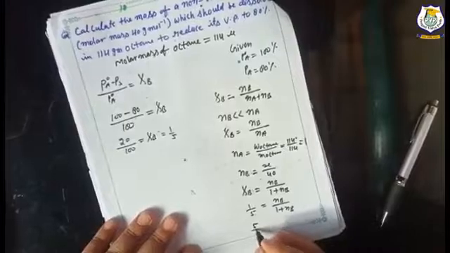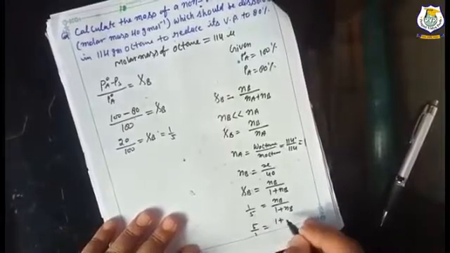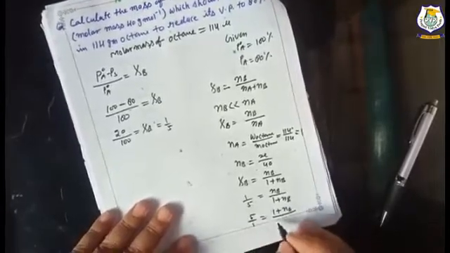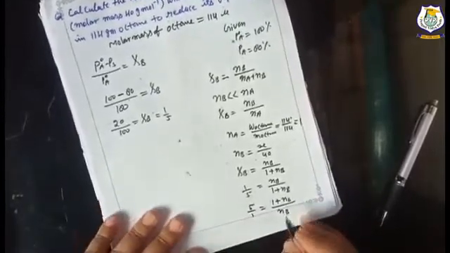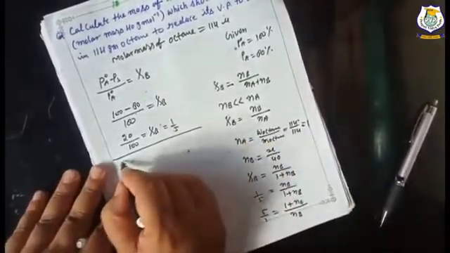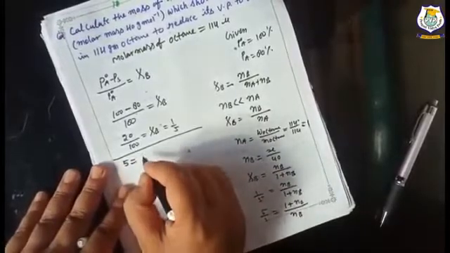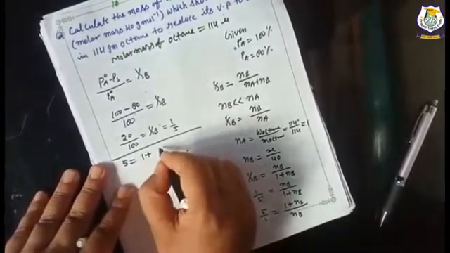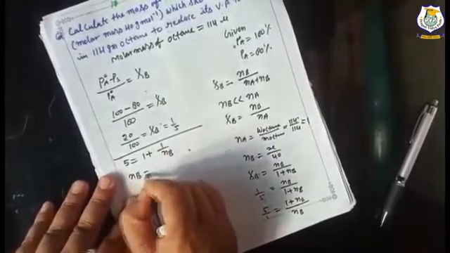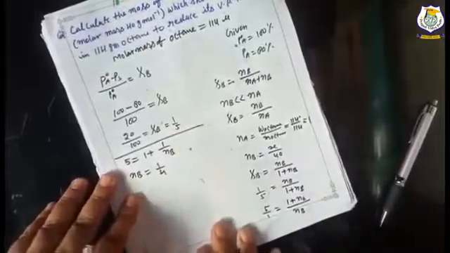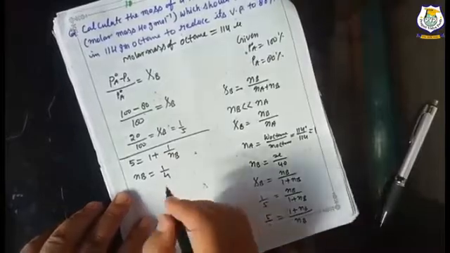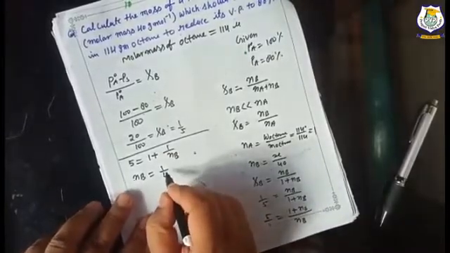So 5 equals 1 plus 1 upon NB, and NB equals 1 upon 4. The number of moles of component B comes out to 1 upon 4.